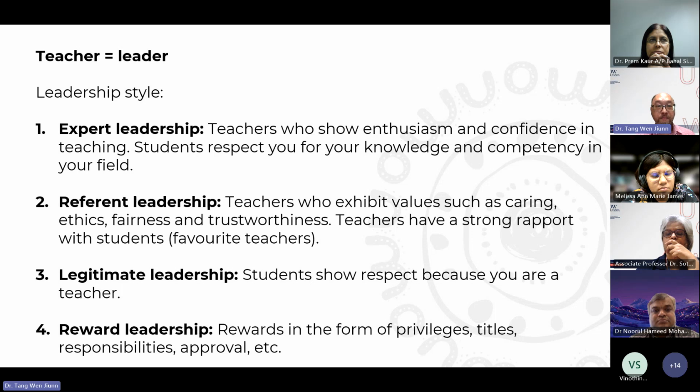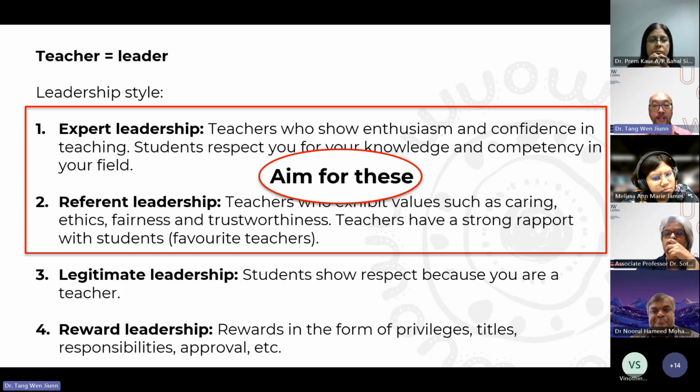So among these four leadership styles, we should work from 4 to 3 to 1 and 2. When we join the field as lecturers, most of the time we start off with 3 and 4. We earn the respect. The first time we walk into a classroom, they are seeing you for the first time, so normally you can see your class very quiet, because they are still studying you.